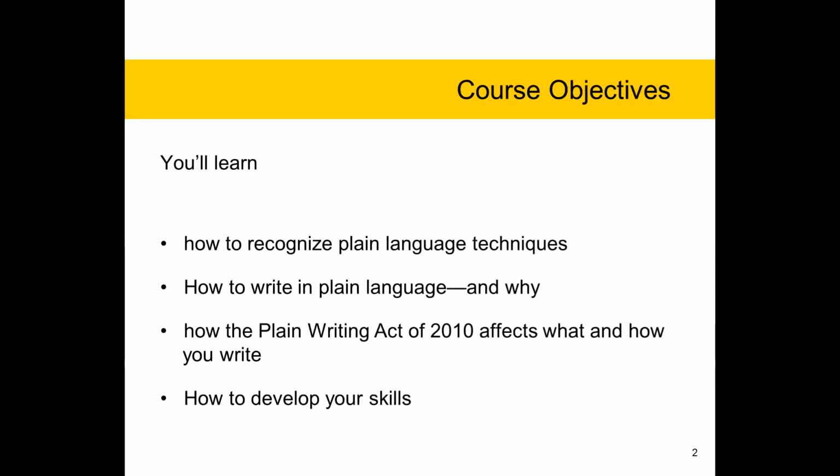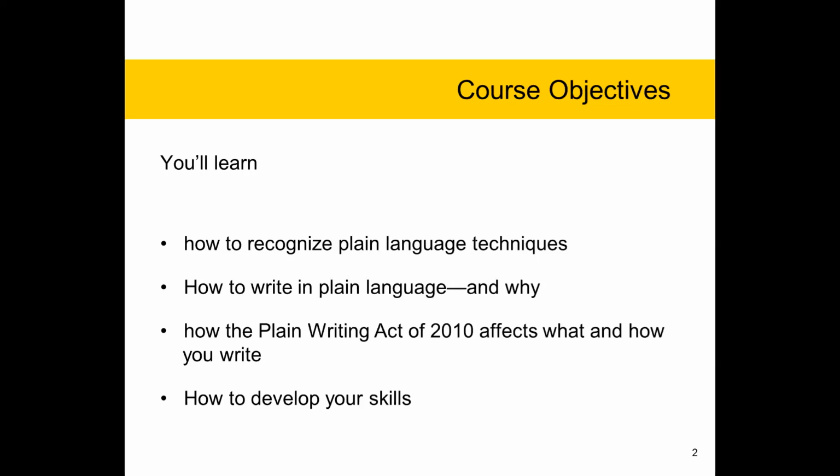One of the things that's always kind of difficult is figuring out what the course objectives are, what you are going to learn, what you am going to focus on. So we thought we'd start with how to recognize plain language techniques, which ones are going to be useful, what you can use to improve writing, and therefore how to write in plain language and why you have to. And you'll learn a lot more about how the Plain Writing Act of 2010 affects what and how you write.